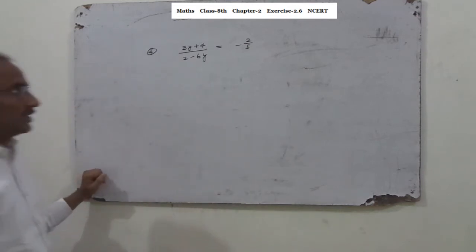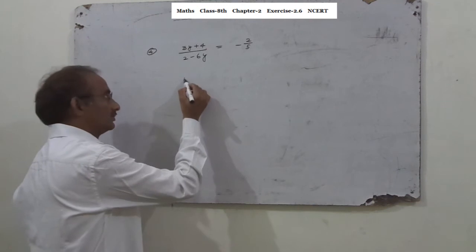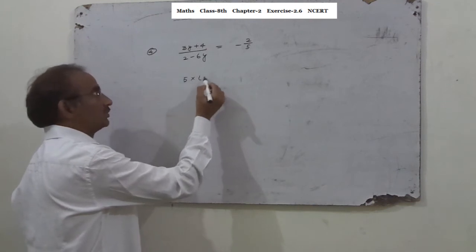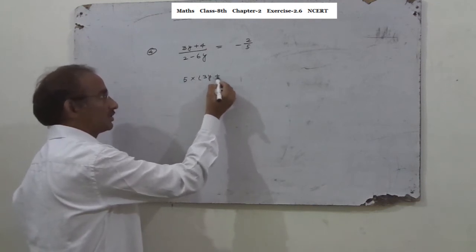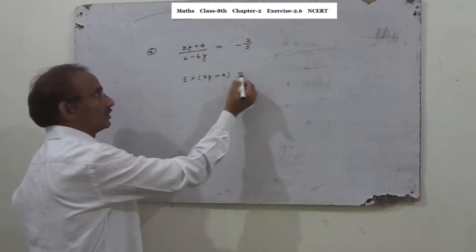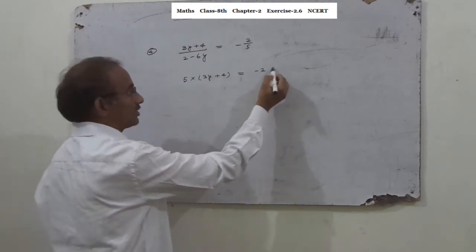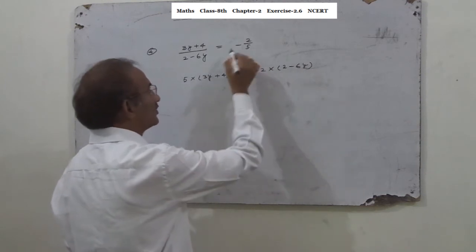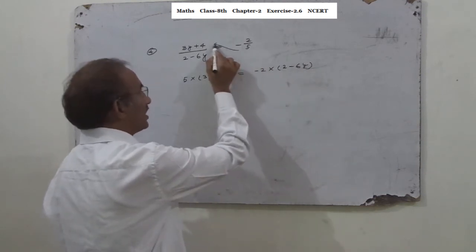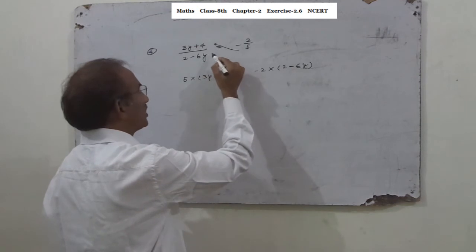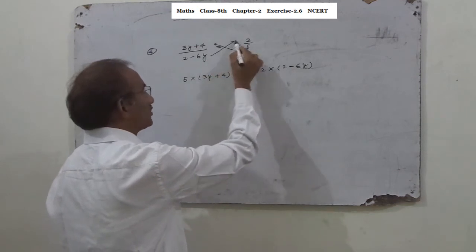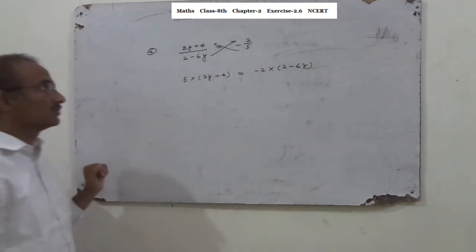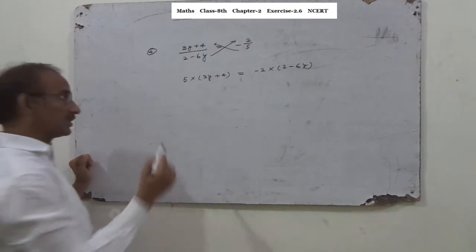So using the cross multiplication method, we can write 5 into (3y plus 4) equal minus 2 is multiplied with (2 minus 6y). 5 is multiplied with 3y plus 4 and 2 minus 6y is multiplied with minus 2. So this is our cross multiplication method.